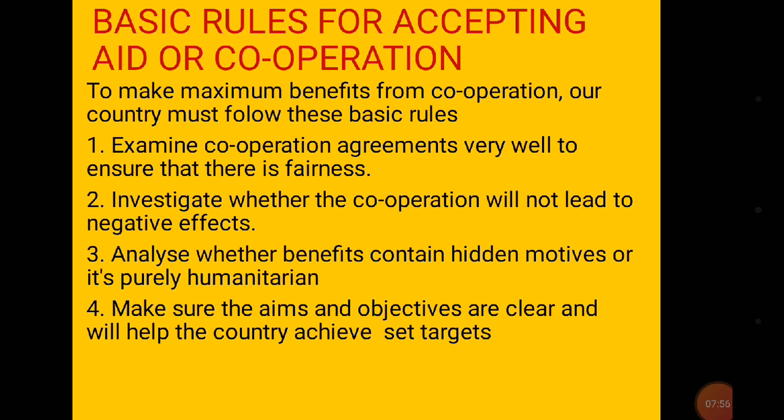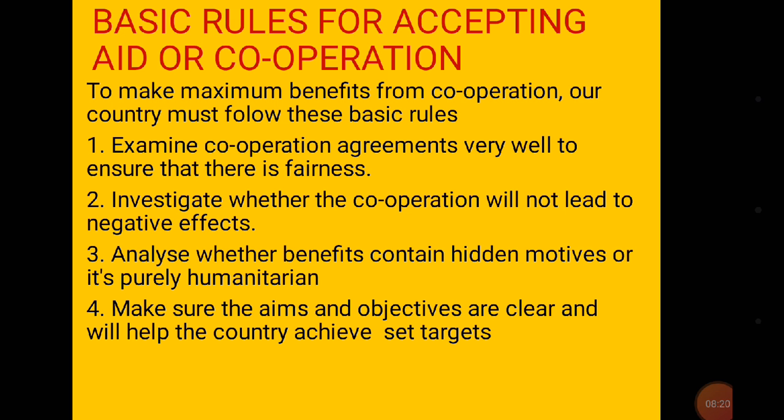for the country. Then also, a good analysis must be made of whether benefits contain hidden motives or is purely humanitarian. Though sometimes some people may help, some international organizations may help, some countries may help, there might be a hidden agenda. There might be a hidden motive behind the help they are giving, behind the assistance they are giving.